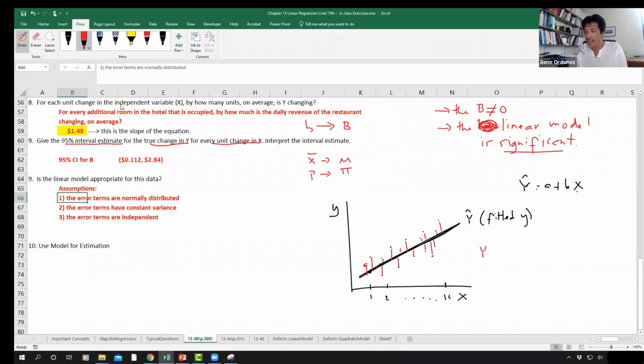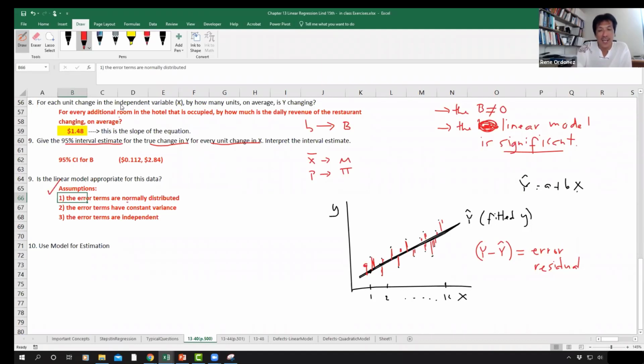So when you have Y minus Y hat, looking at this particular point from that far away, this is known as the error, also known as the residual. So the assumptions we're talking about here are the assumptions related to these values. Okay?